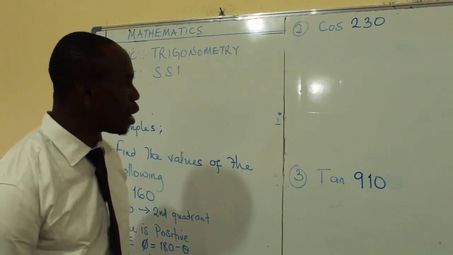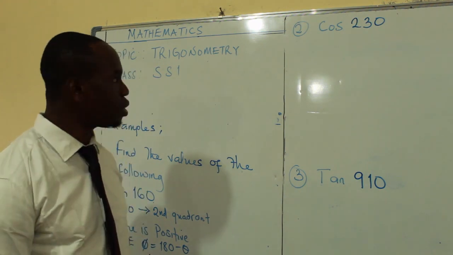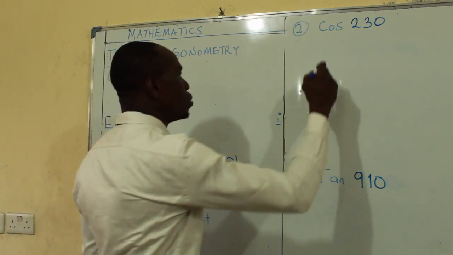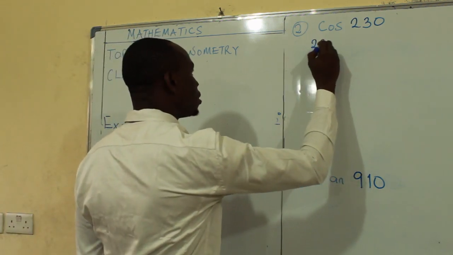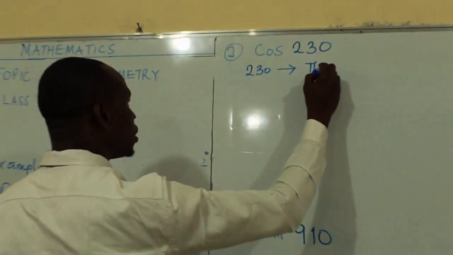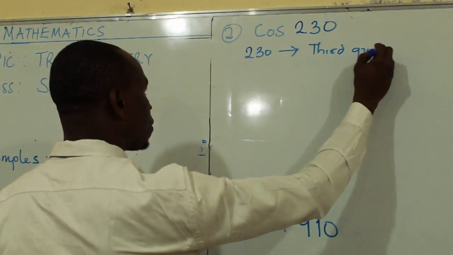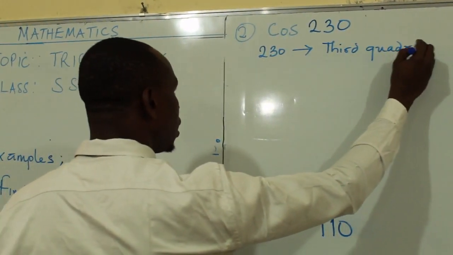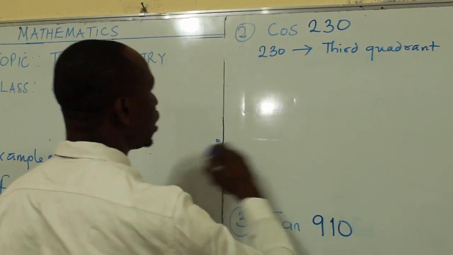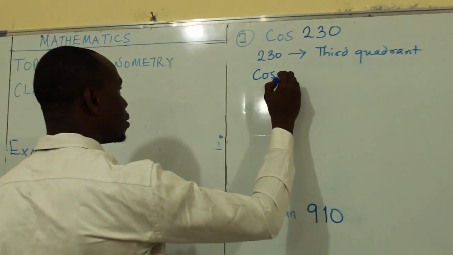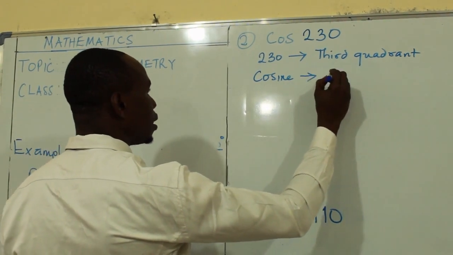In this case, our angle is 230 and our trig identity is cosine. So we say 230 falls in the third quadrant. And in the third quadrant, cosine is negative.